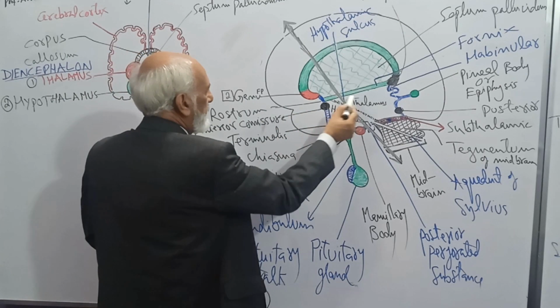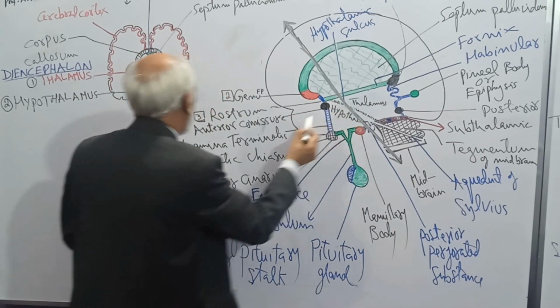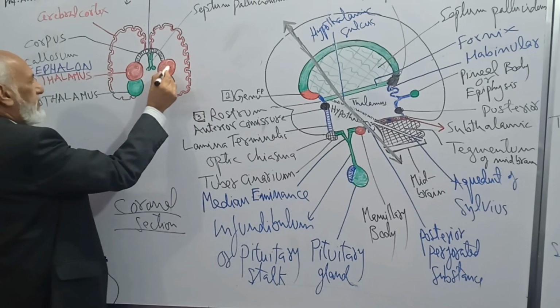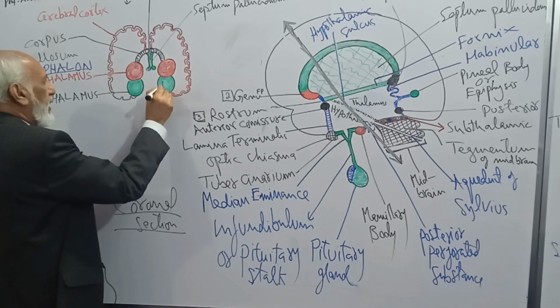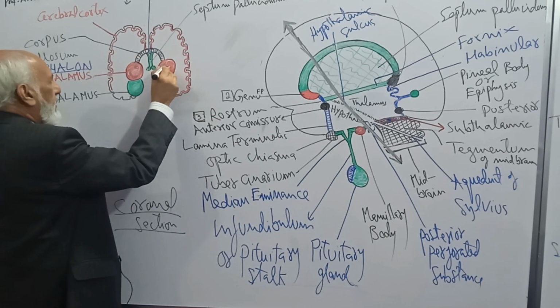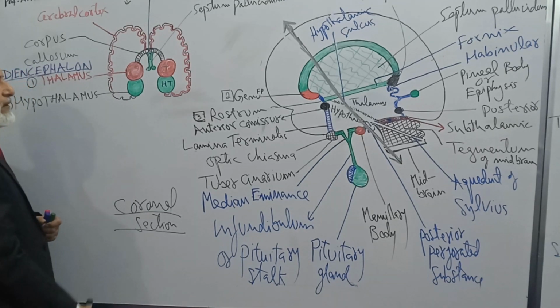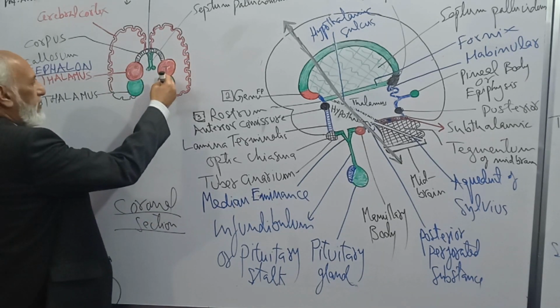Then can you see this is thalamus? Thalamus is cut. And then hypothalamus is cut. This is thalamus and this is hypothalamus. Right thalamus, hypothalamus, left thalamus, hypothalamus.